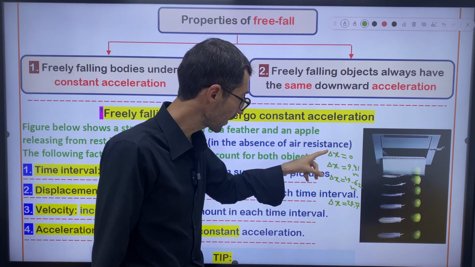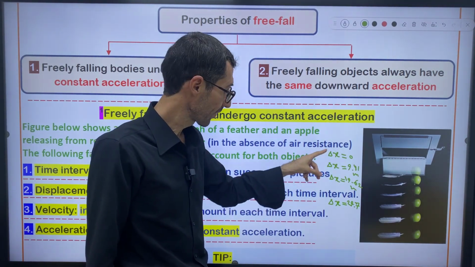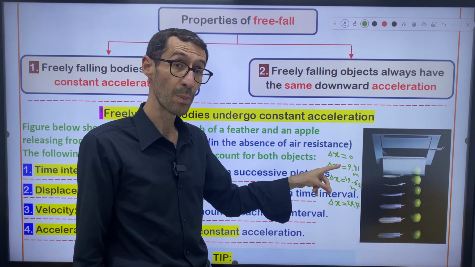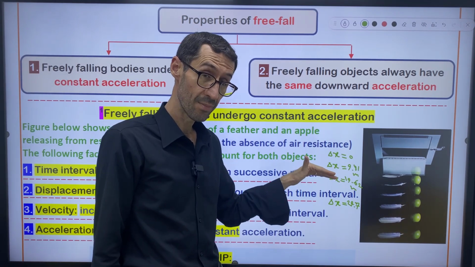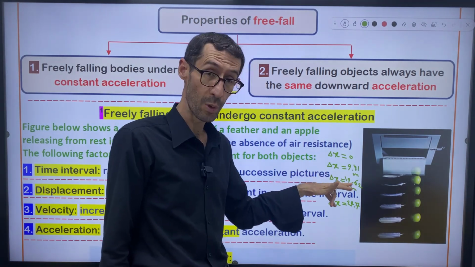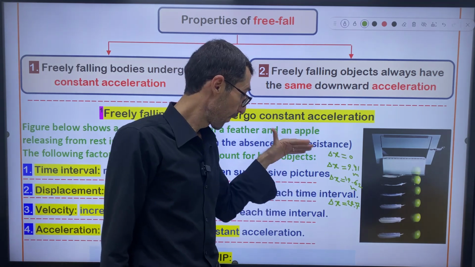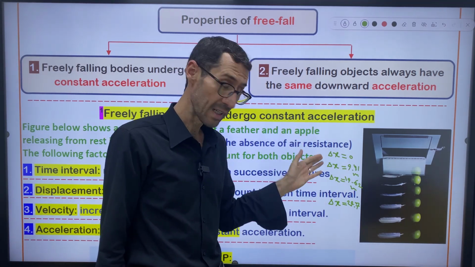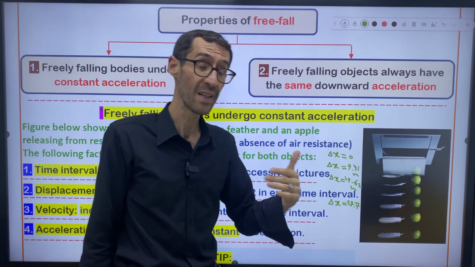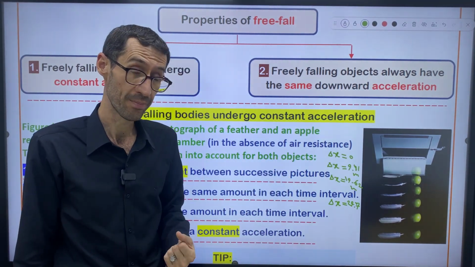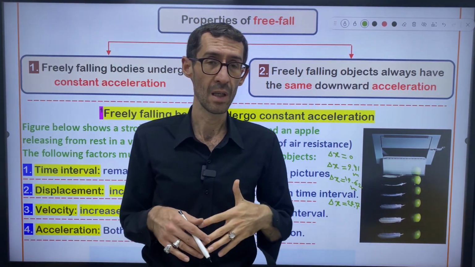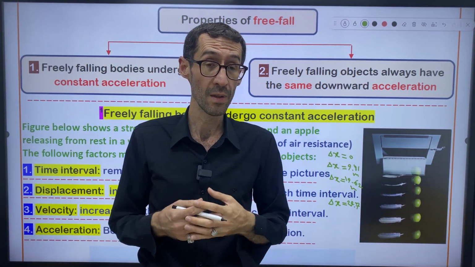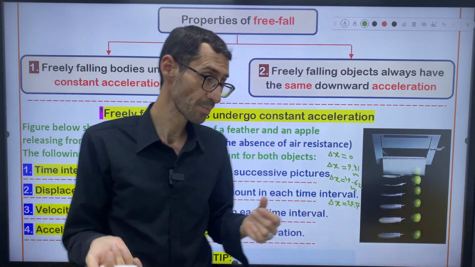For example, from 0 to 1 second, velocity becomes 9.81 meters per second. From 1 second to 2 seconds, it will be 19.6. Between 2 and 3 seconds, it will be 29.7, and so on. So velocity and displacement are increased by the same amount over time.